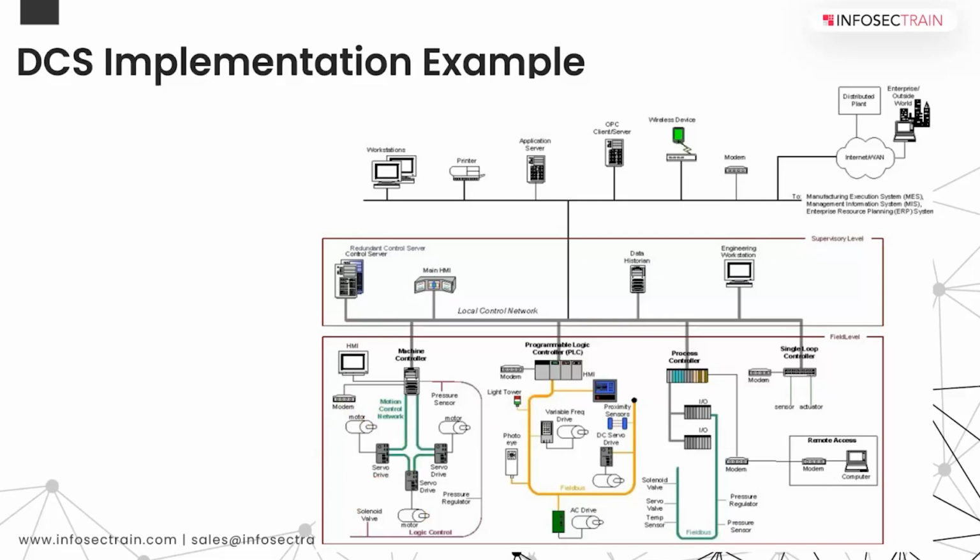In many modern systems, the DCS is also interfaced with the corporate enterprise network. And if you see here, this is basically a general configuration. This encompasses the entire facility and provides supervisory control, communicating to the subordinates via the control network. So, yeah.